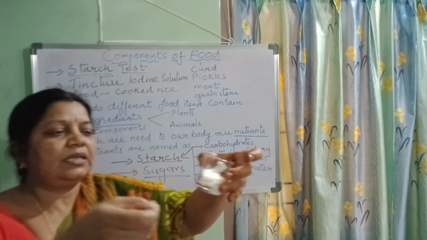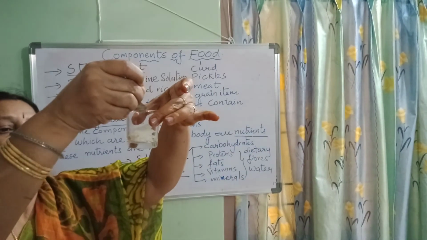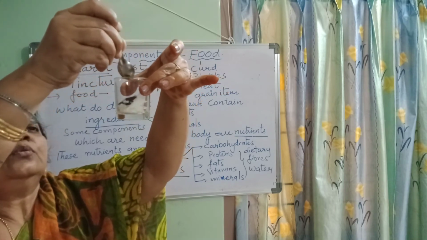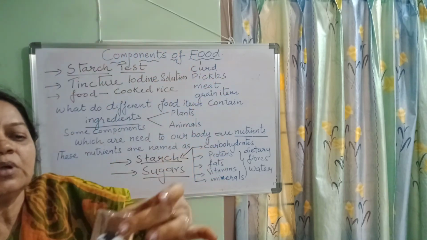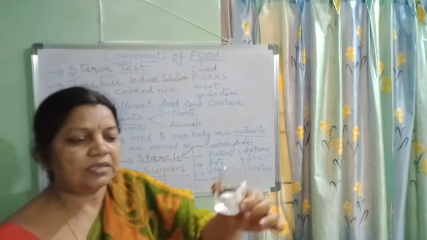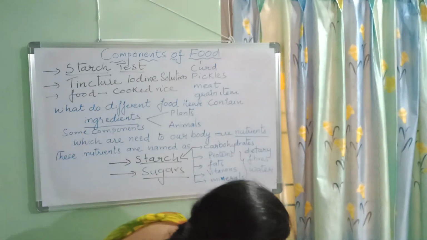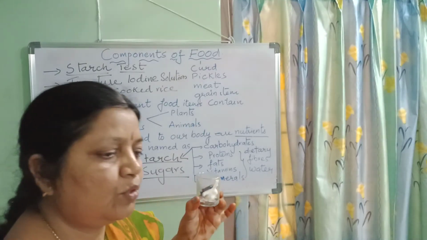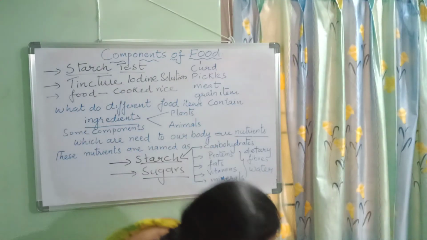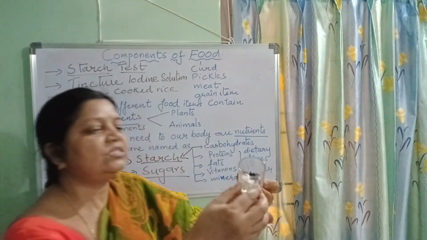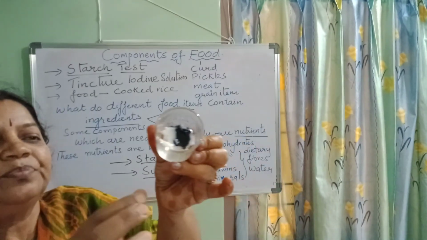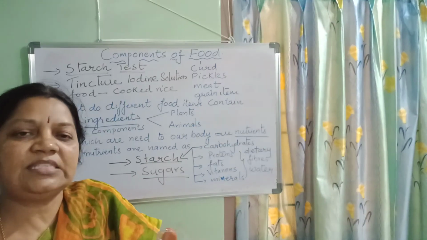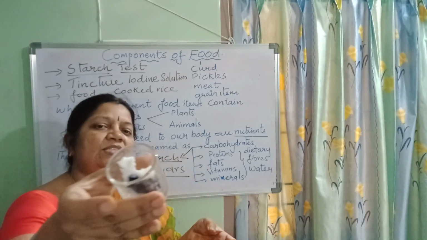Just 1, 2, 3 drops. You can see it change completely into blue black. Two to three drops were added, and it changed into blue black. This is the cooked rice we have taken.